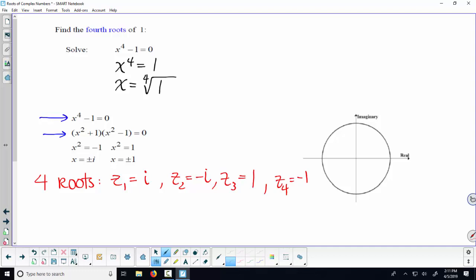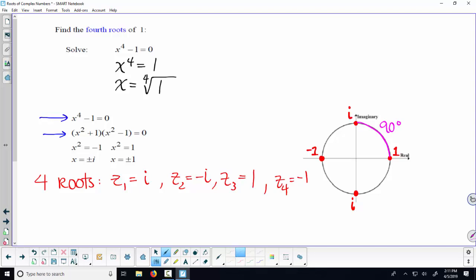If I graph those in the complex plane, then I've got 4 of them, 2 on the real axis, 2 on the imaginary axis. So they're evenly spaced about a circle of radius 1. What is the distance between them? They're evenly spaced how many degrees apart? 90 degrees apart.